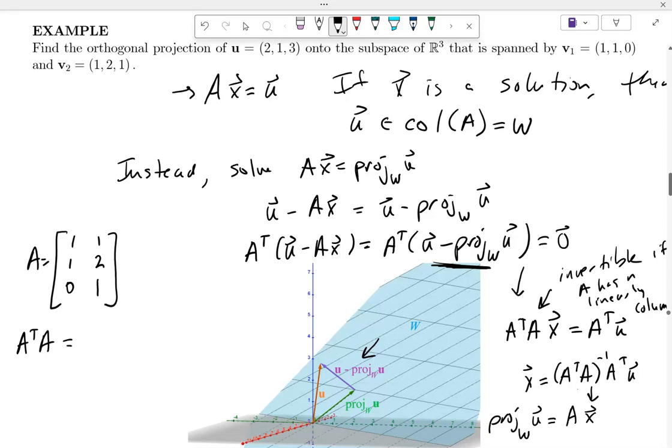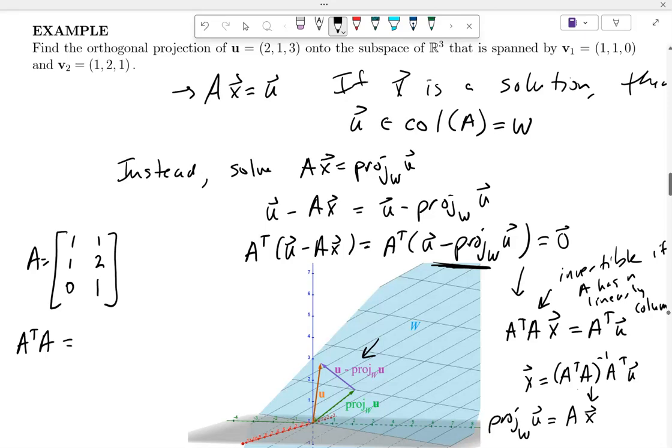What size matrix are you going to get if you do A transpose times A? It's 2 by 3 for the transpose, 3 by 2 for the original, so you get a 2 by 2.